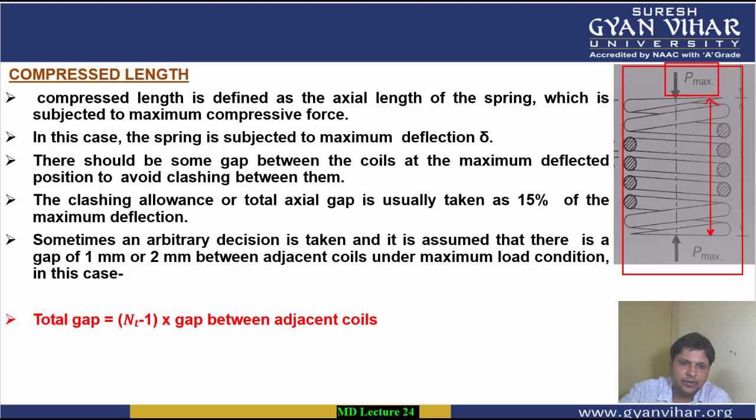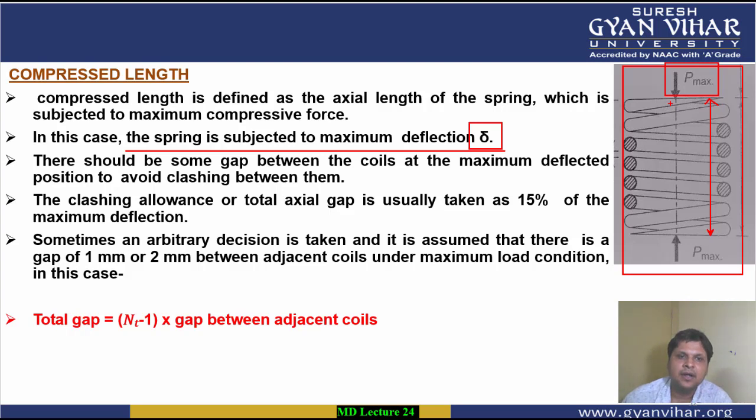In this case the spring is subjected to maximum deflection delta. Whenever we calculate the compressed length, we assume that the deflection of the spring is the maximum; beyond that there can be no deflection.